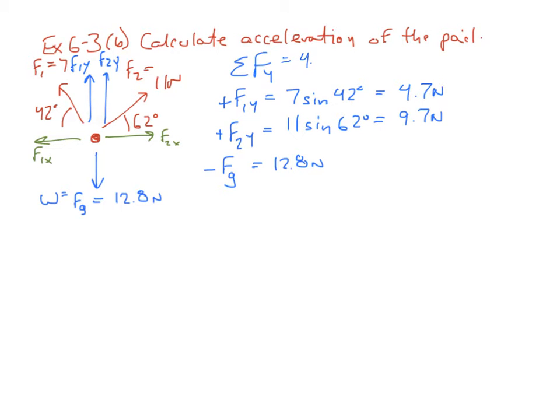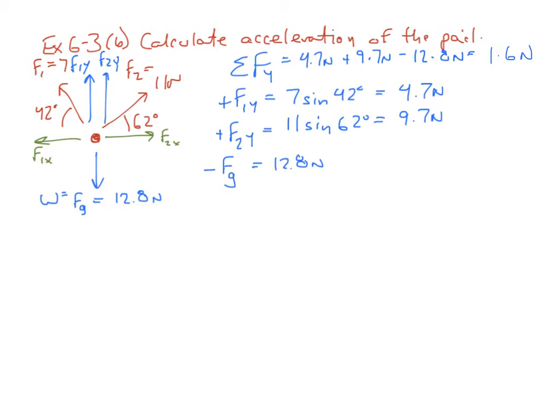So 4.7 newtons plus 9.7 newtons. And then we have our 12.8 newtons down here acting in the negative direction, so they're acting against the other two, so we're going to put a minus 12.8 newtons right there, and that'll give us a total of 1.6 newtons in the y direction.